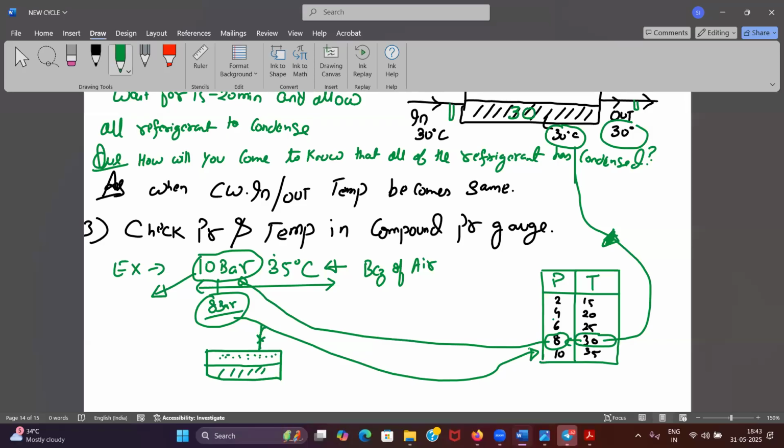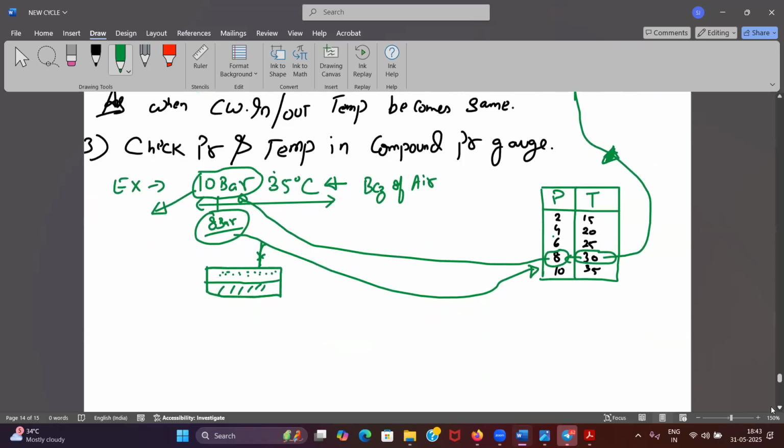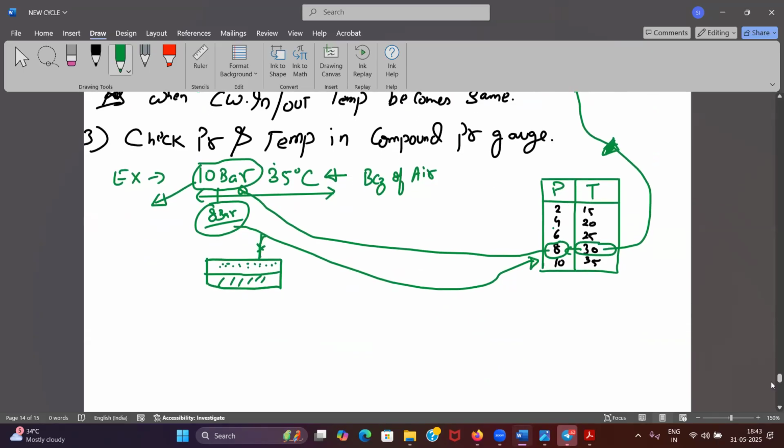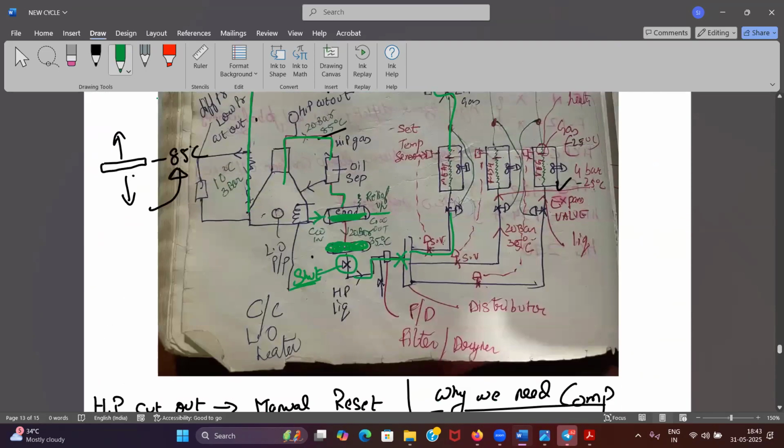Sir, how will we come to know that 8 bar has been achieved, from the compound gauge or from where? There is a compound pressure gauge. Look, you have closed the system from here, right? But this side is still open, and I can see the pressure from the pressure gauge.